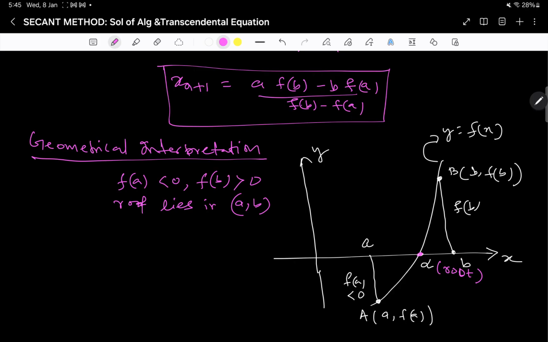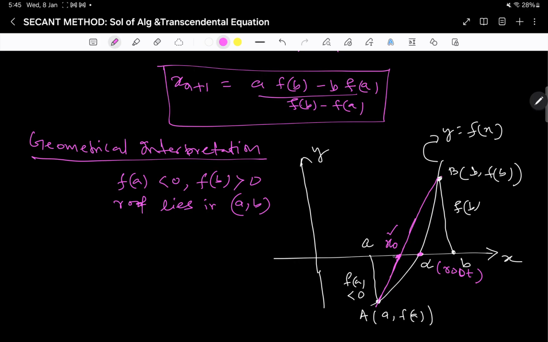How do we get an initial approximation? We join a chord from a to b, and it intersects the axis at a point, say x0. This x0 is the initial approximation.